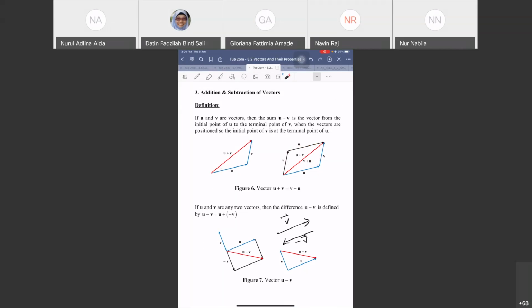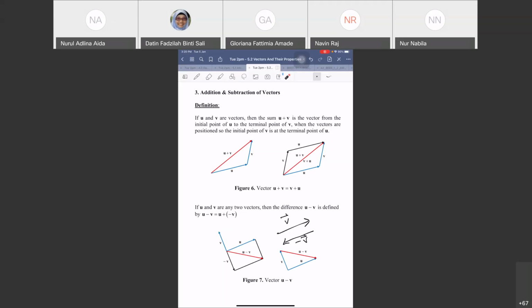This is vector U, this is the initial point, this is the terminal point, and then there's a vector V here where the initial point is at the terminal point of U. Then U plus V is this vector here. When you add, your sum of the vectors is here. This is what it means by adding two vectors.